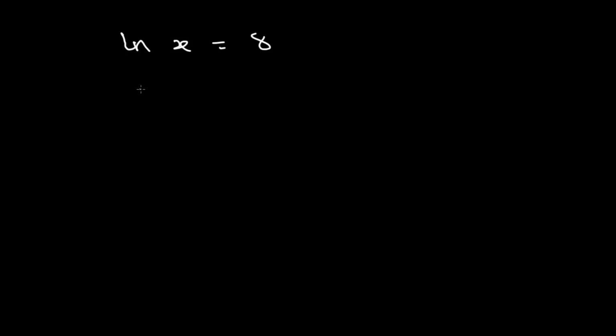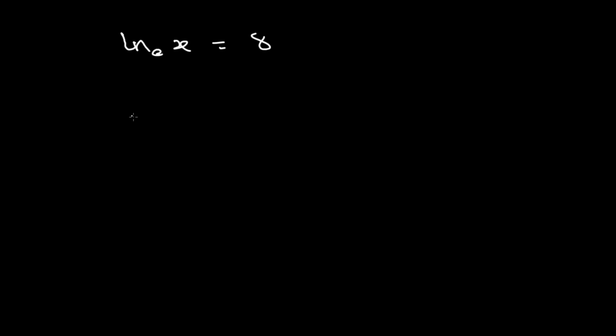The second example is if you had a situation like this, what are we going to do? So we have ln x equal to 8. We are going to look for the opposite of what we are doing here. Remember, this is e, like an e there.